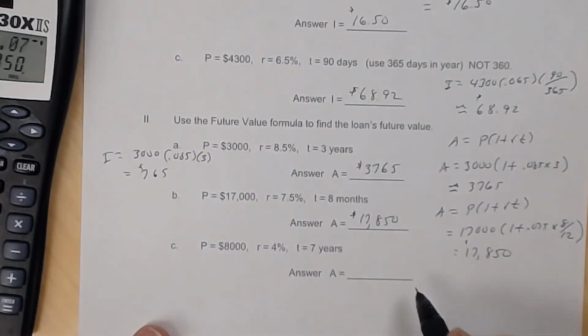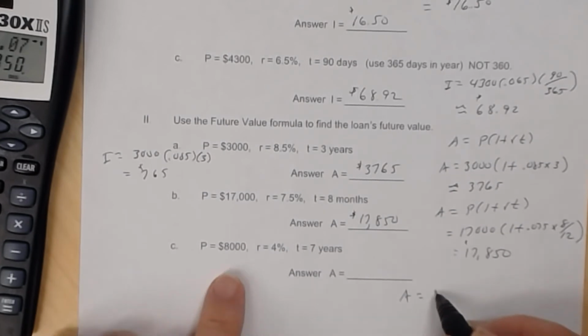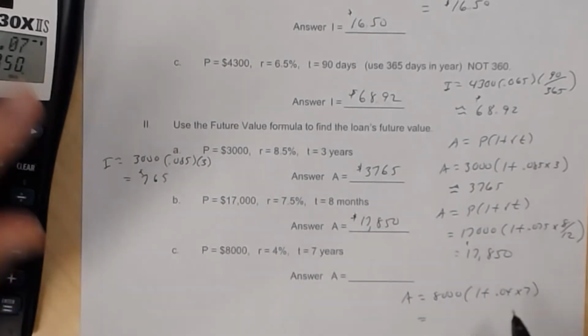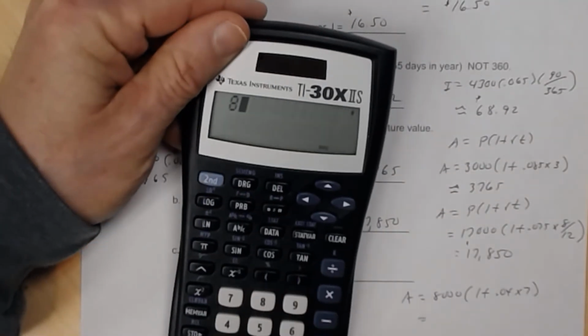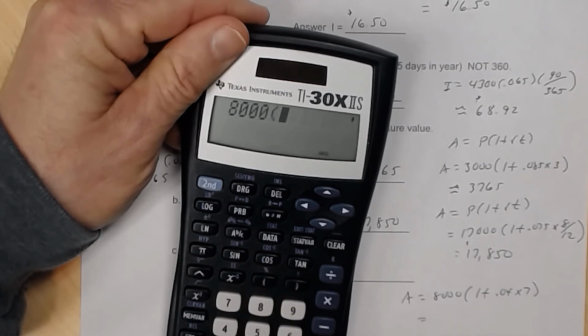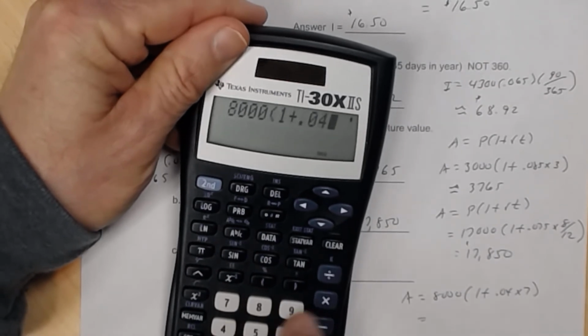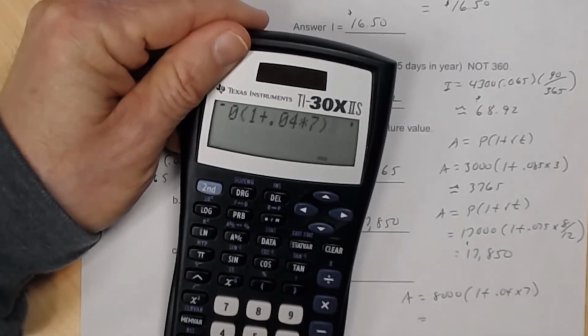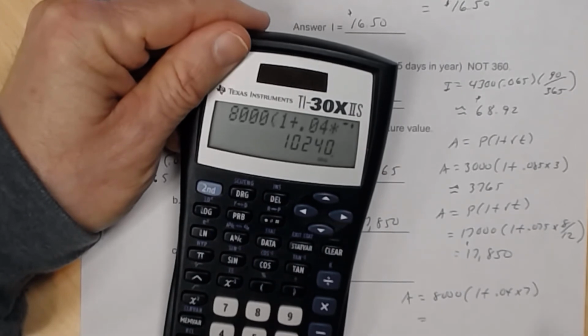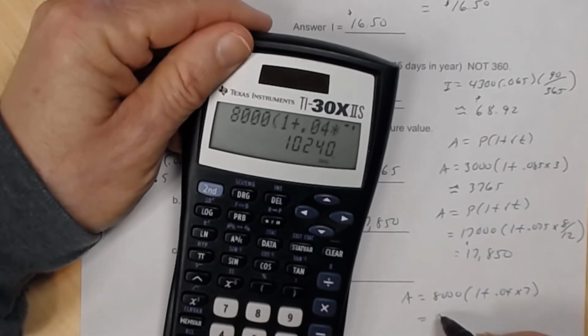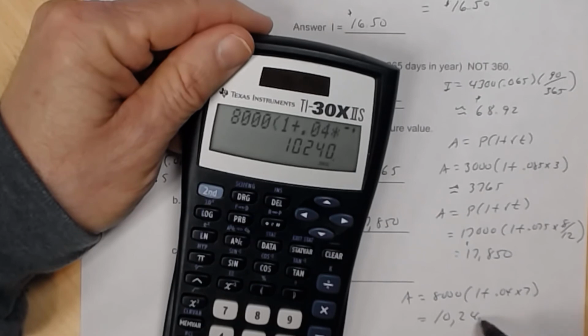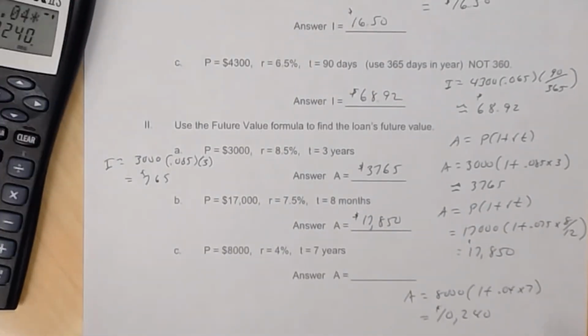Okay, letter C. Same thing, you're going to say future value will equal $8,000 times 1 plus 0.04 times 7. Okay, using your calculator, $8,000 times 1 plus 0.04 times 7, close the parentheses, press equal, and you get 10,240. All right.